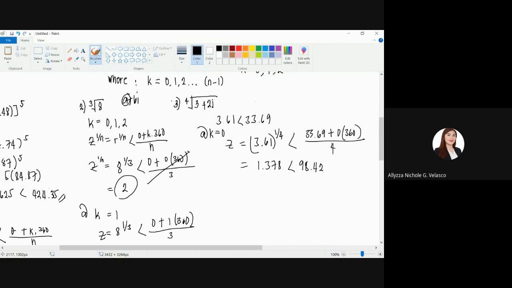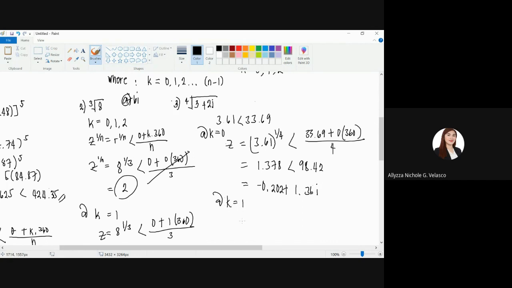So, 1.378 per angle 98.42. That is equal to negative 0.202 or 20 plus 1.36i. Okay? Next, at k is equal to 1.